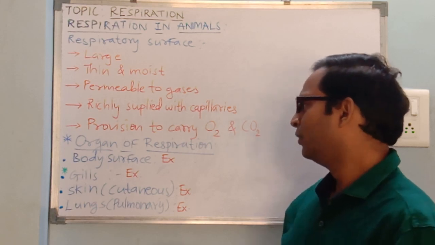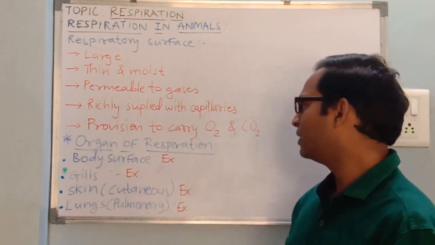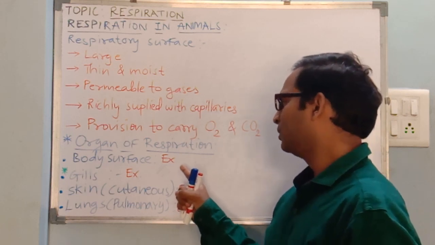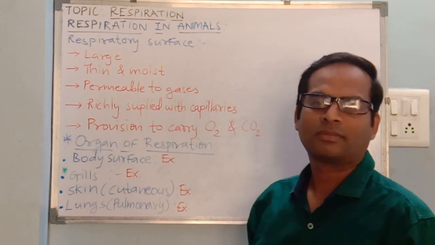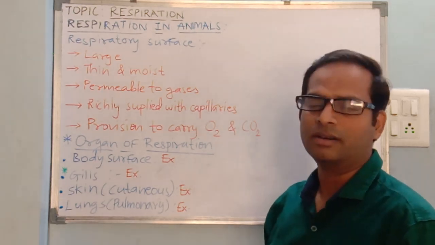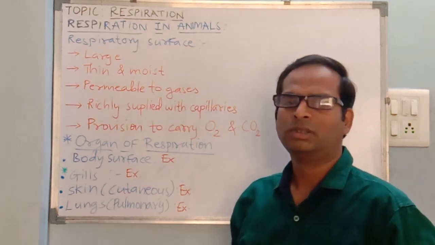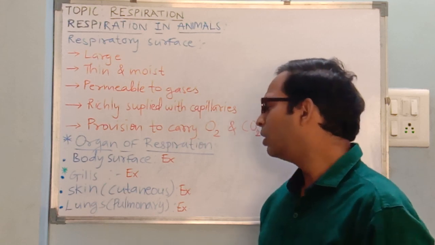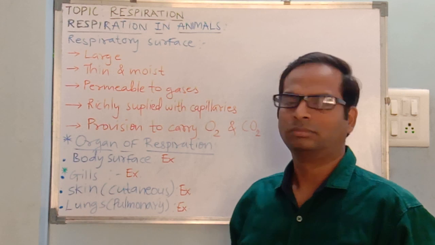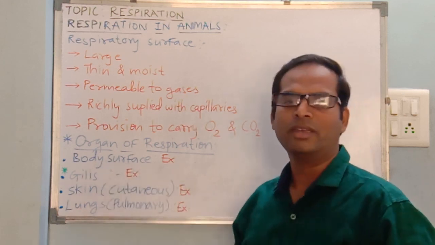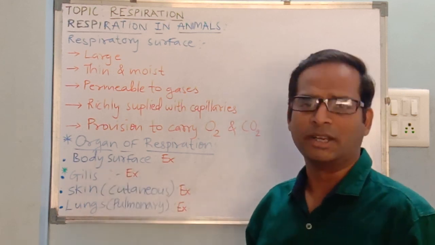Like we can have a list here. For example, the organ could be a simple body surface. When you talk about hydra, earthworm, or invertebrates especially, they don't have any special organ for breathing or respiration.